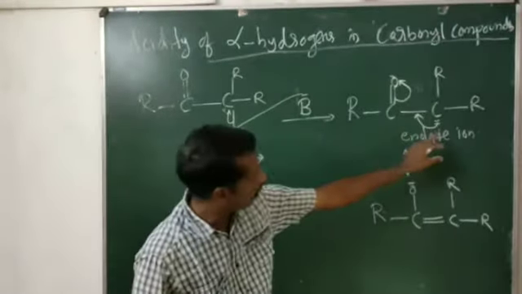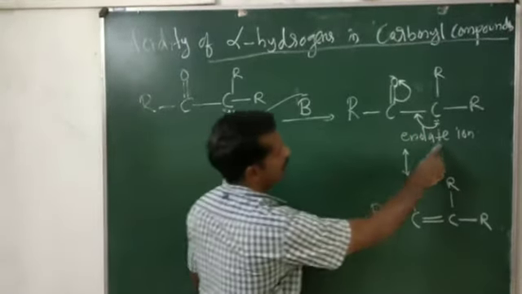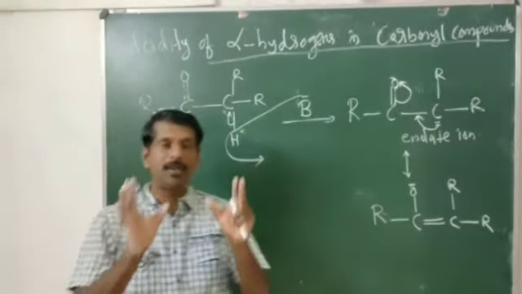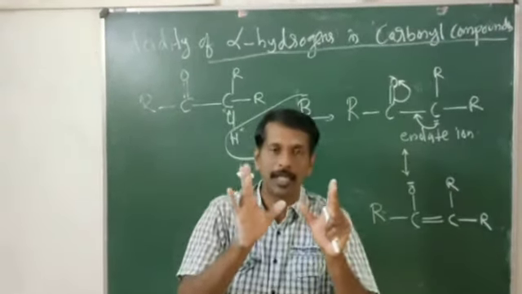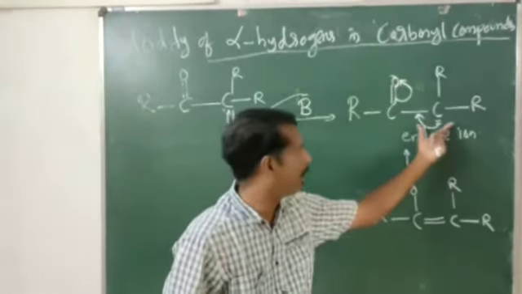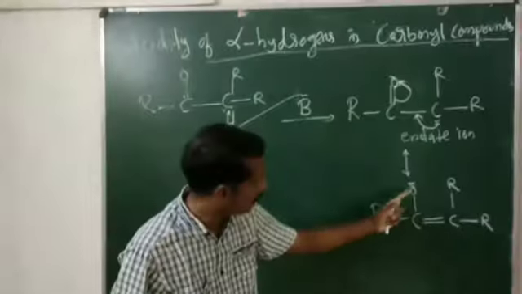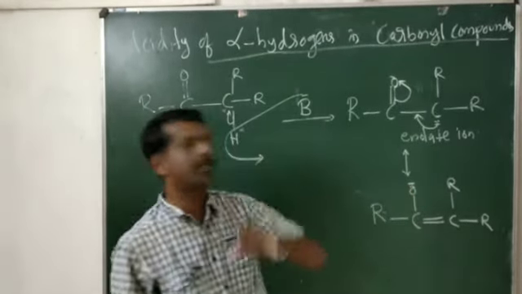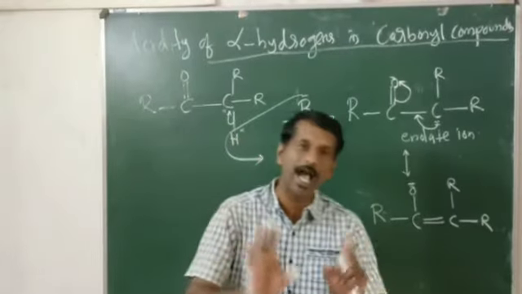So enolate ion has two structures. In the first case, the negative charge is on the carbon atom, which is known as the carbanion structure. And here the negative charge is on the oxygen atom, which is known as the oxyanion structure.